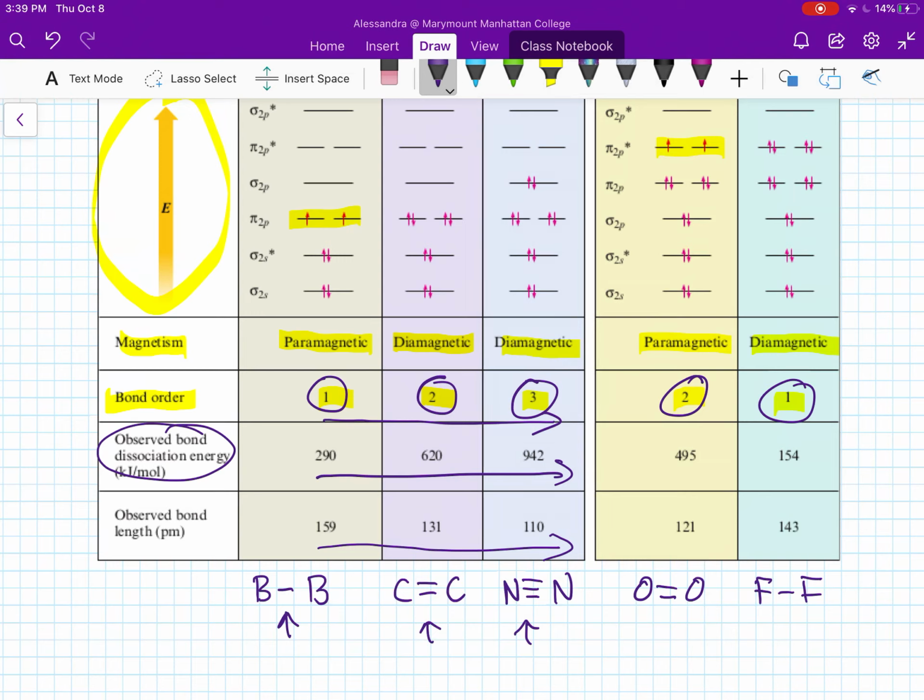This makes sense because stronger bonds mean shorter bond lengths. So the nitrogen-nitrogen triple bond is going to be a short, strong bond. It has a bond order of 3, and that's what we would expect to see for this one.